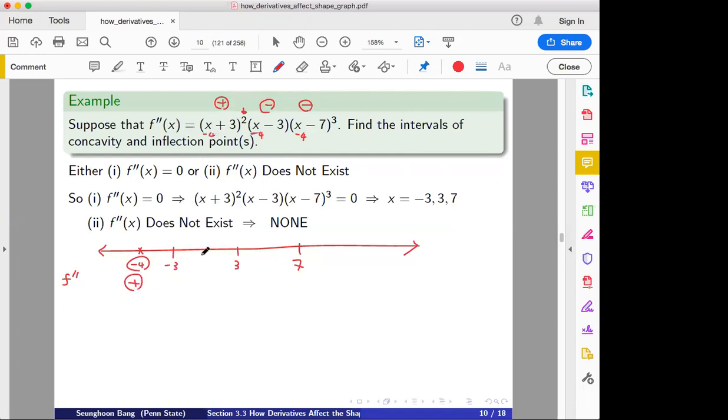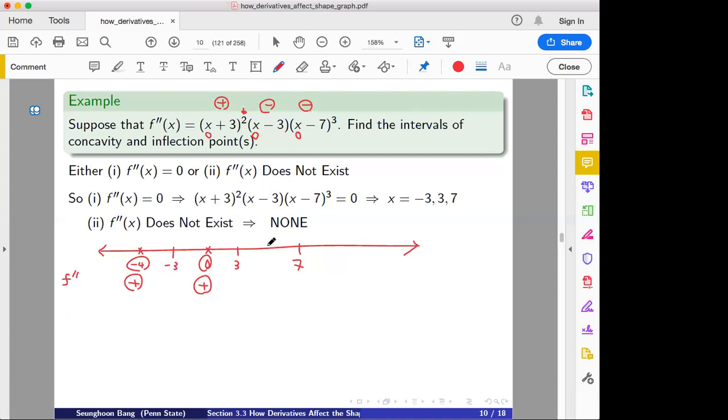Next, choose 0 and plug it in. 0 plus 3 squared is positive, 0 minus 3 is negative, 0 minus 7 is negative, and negative times negative is positive.